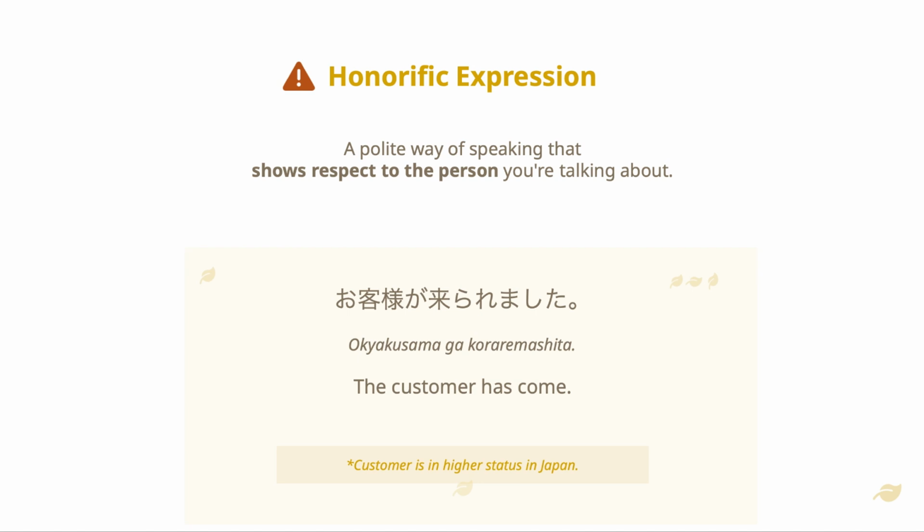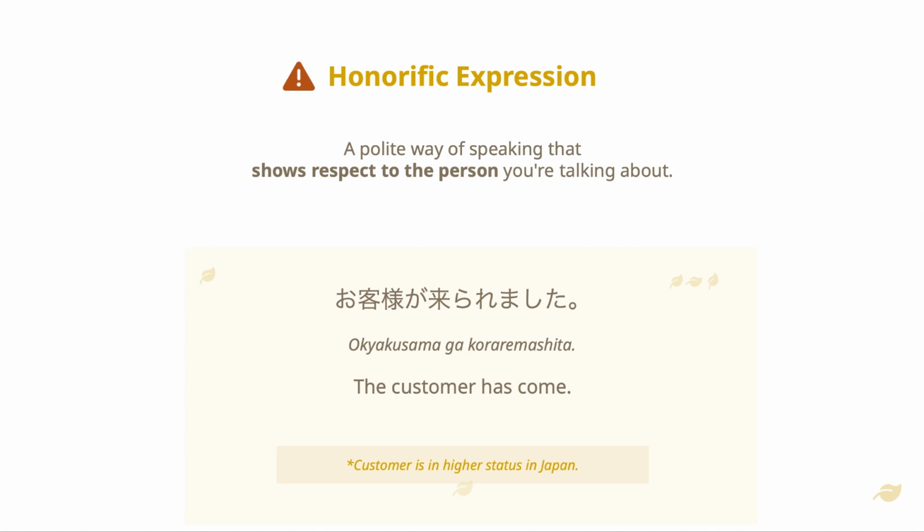But in this case, the meaning is the customer has come. It's not something affected by the customer. In this case, we show respect for our customer because in Japan, the customer is in a higher status than the restaurant staff or hotel staff or whatever. So we use 来られる as honorific expression to show respect to the person, in this case the customer.